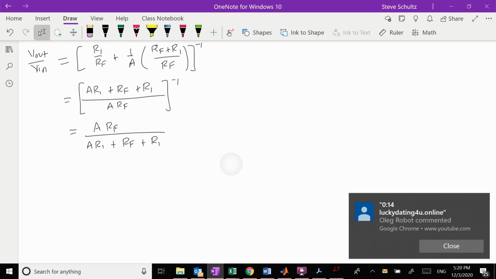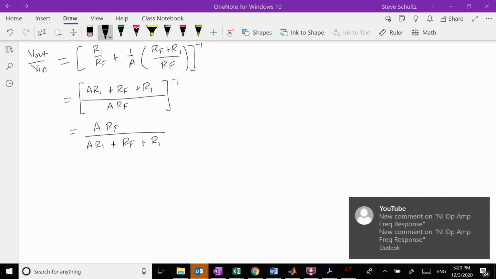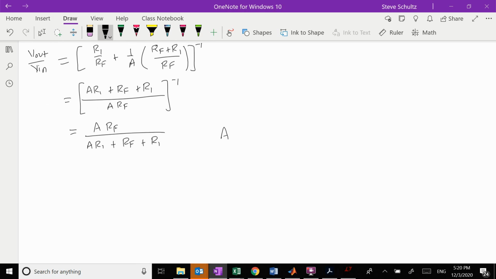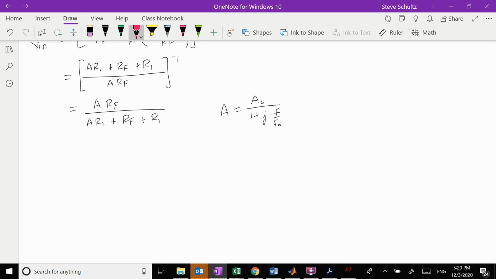And then what we want to be able to do is we're going to come in here and say that our gain is equal to some open loop gain divided by 1 plus jf over f naught. Okay, so then again, like we did before, we're going to take this and plug it in here, and take this and plug it in there.